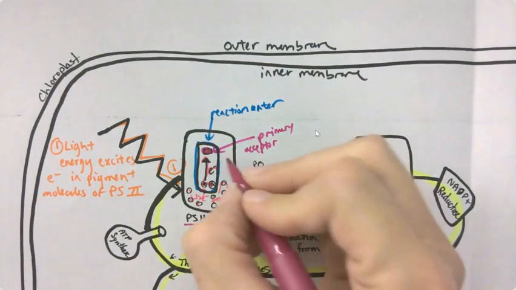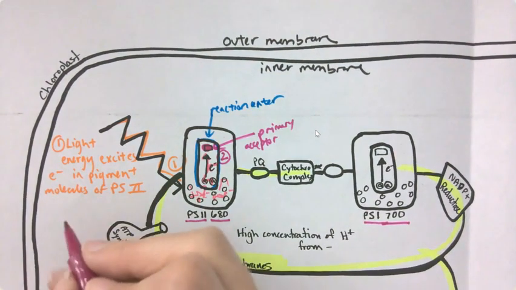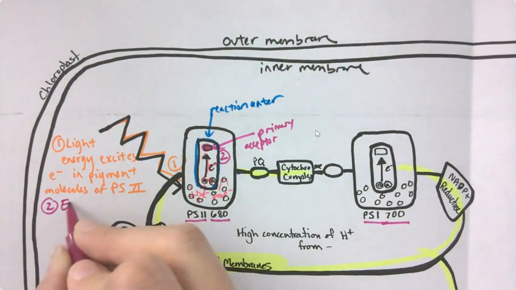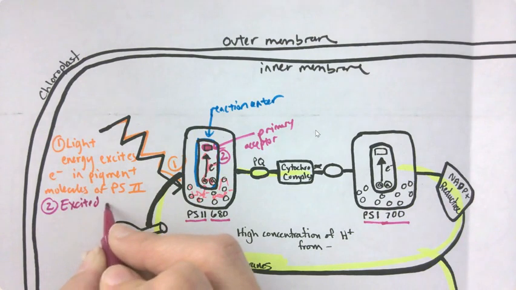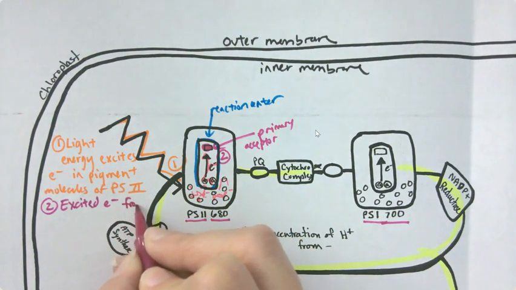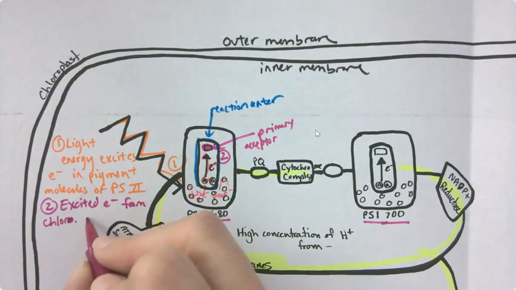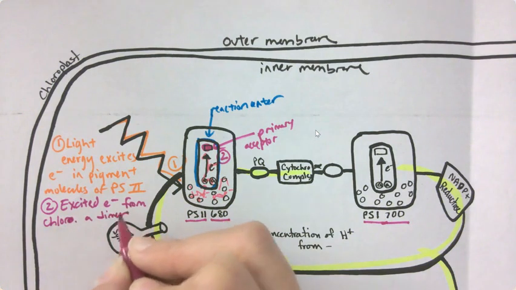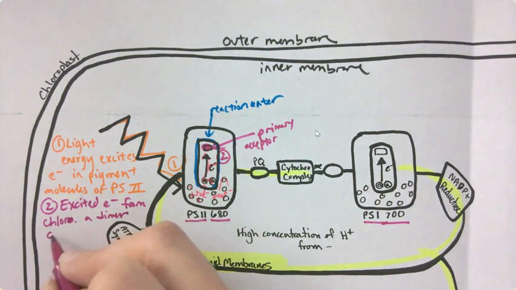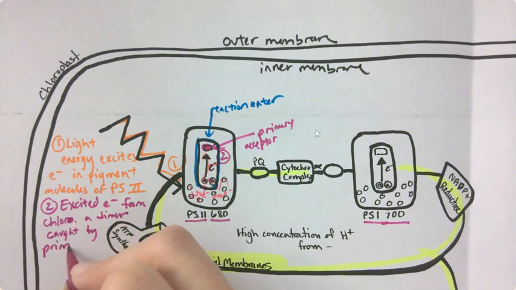So step 2 right here, excited electrons from the chlorophyll A dimer are caught by the primary acceptor protein.